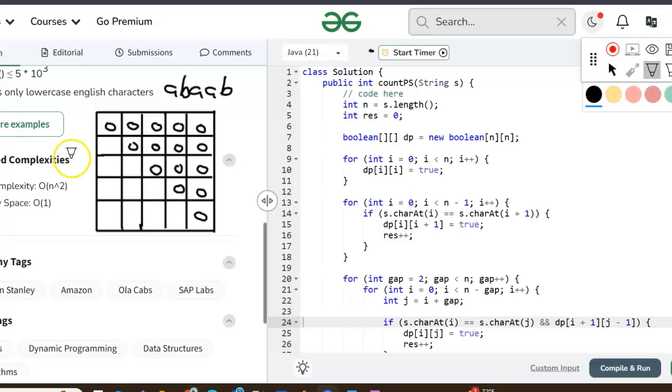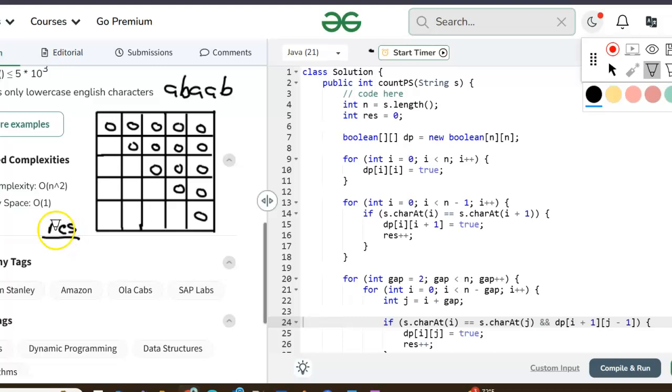All right. So let's go through the algorithm. I made a couple of simplifications here. I'll talk about those in a minute. But okay, so n is the length of the string. RES, result.